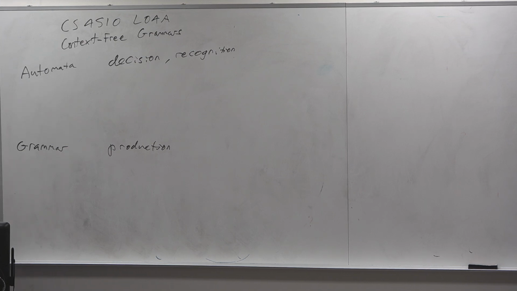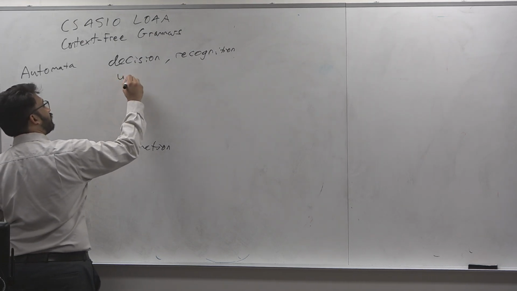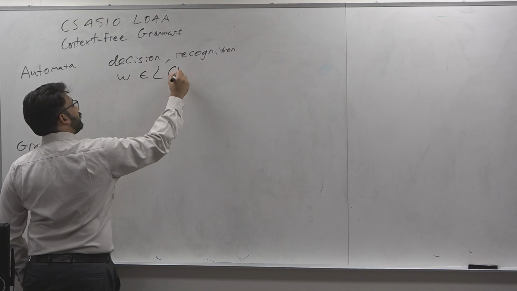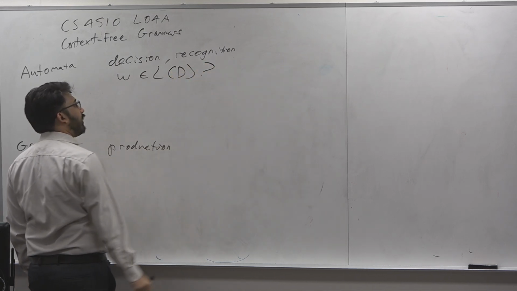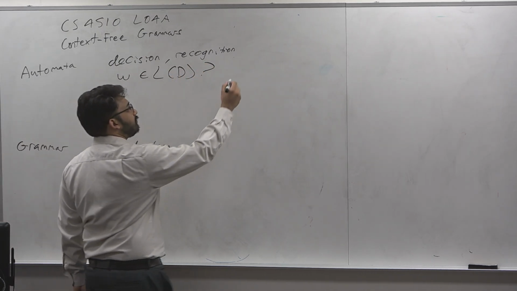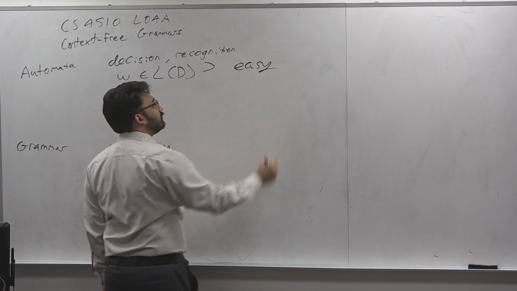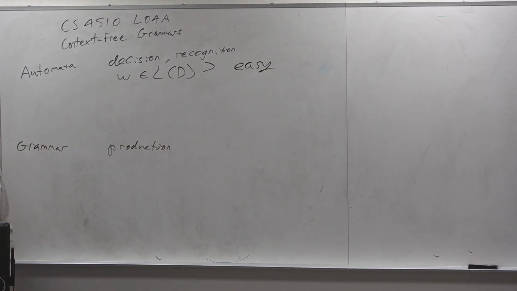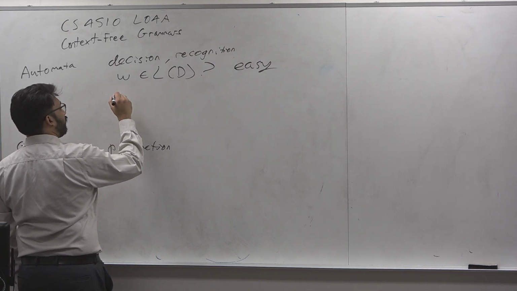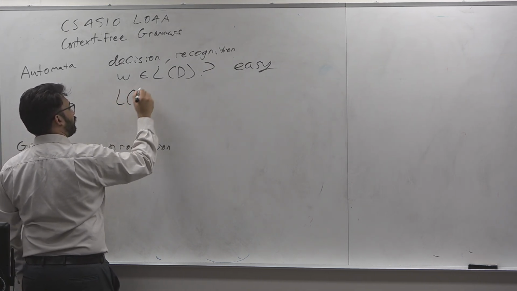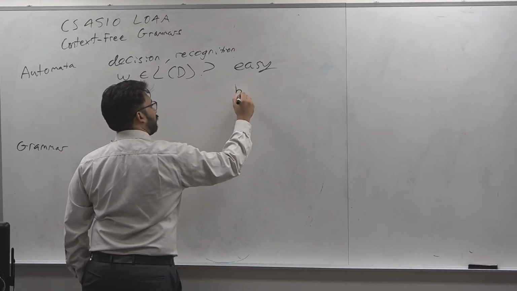So for the first one, in automata, determining the question, is W accepted by a DFA, is a very easy problem to do. You just give the DFA the word and it says yes or no. But then characterizing the entire set of accepted strings is a little harder.